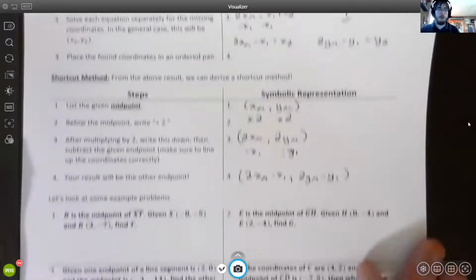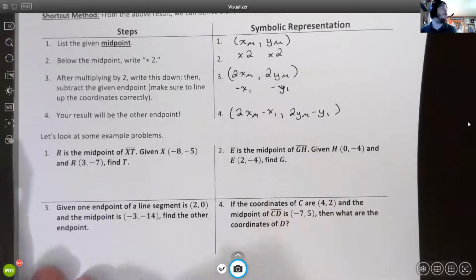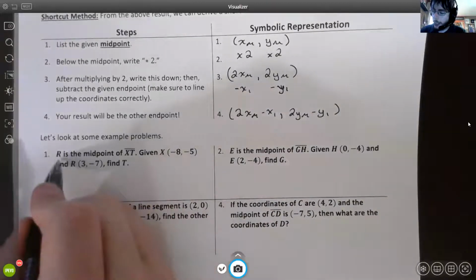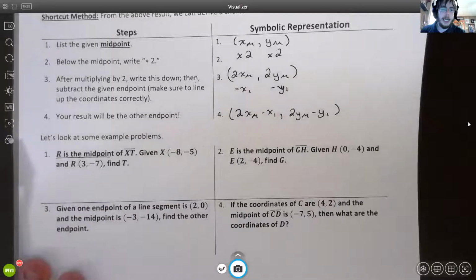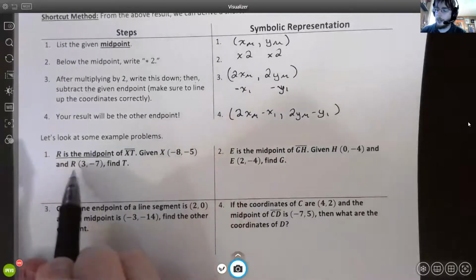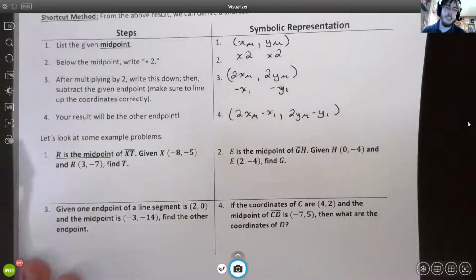We're going to do numbers 1 and 3 together, and then you can try numbers 2 and 4 on your own. So number 1 says R is the midpoint of XT. Given that X is -8, -5, and R is 3, -7, find T. So the first thing you want to do is identify the midpoint and endpoint if that's what you're given.